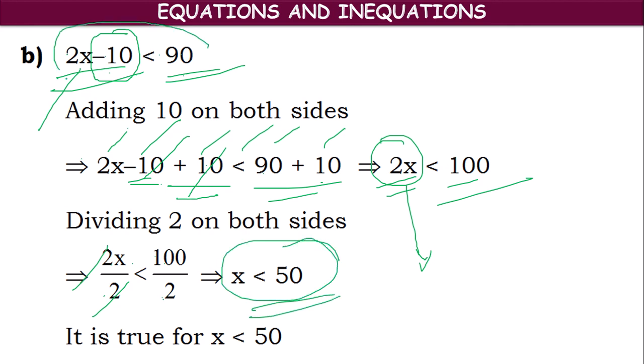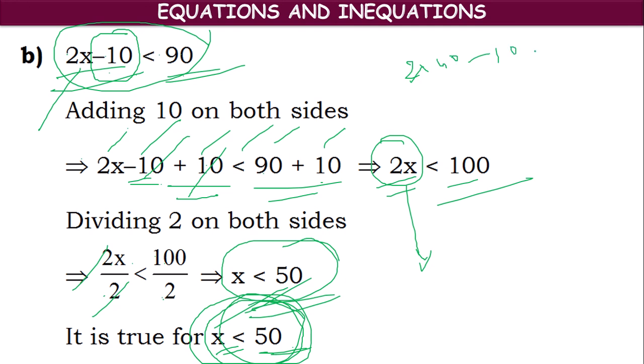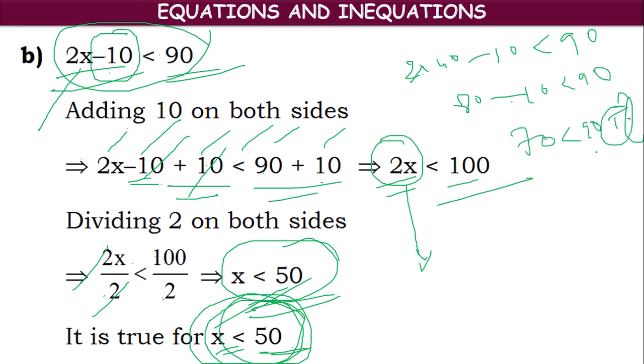So this inequation is true for all values of x which are less than 50. Let's take one number, 40. In the place of x, I'll take 40. 2 into 40, 80 minus 10, 70 less than 90, true.